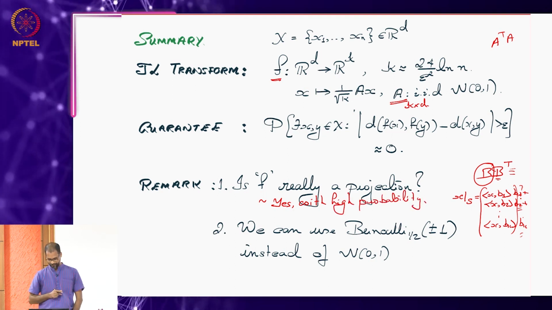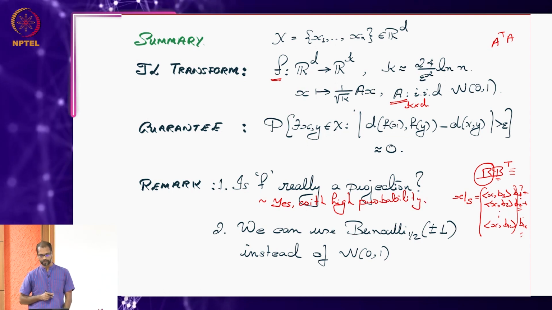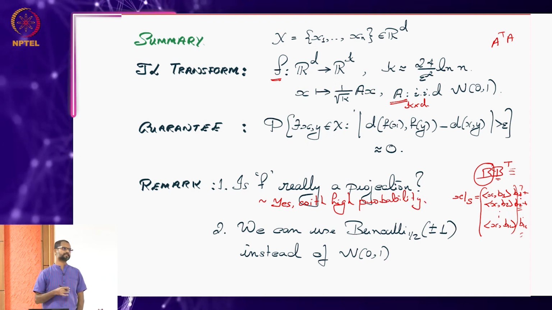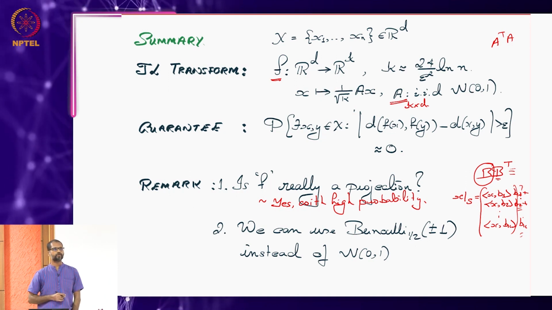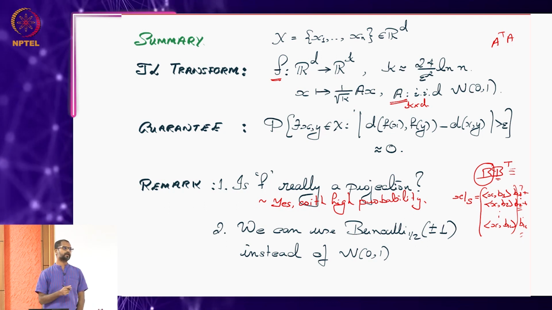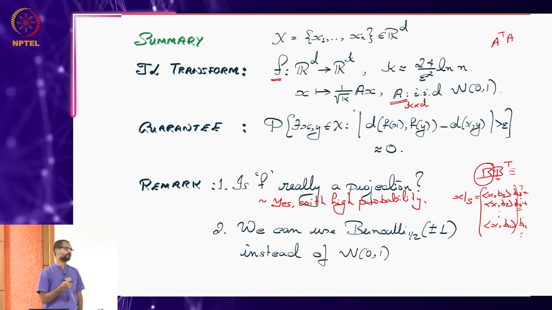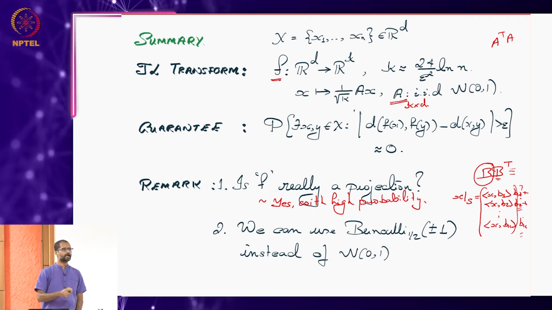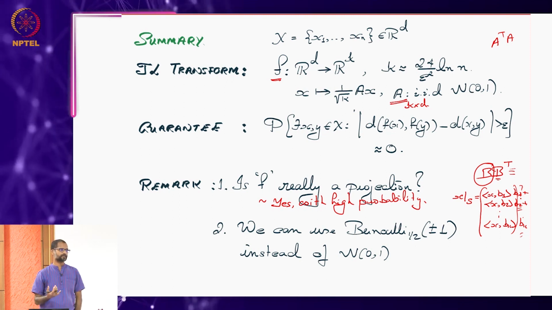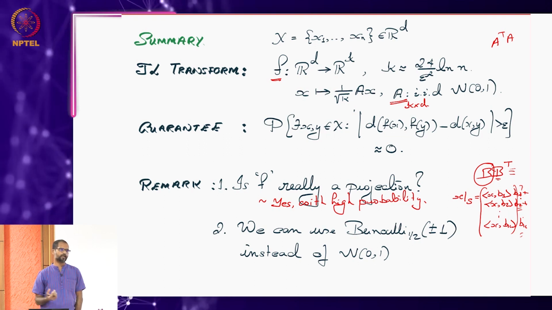The second remark I wanted to make is that we constructed the matrix using standard Gaussians, but you can just use Bernoulli plus 1 minus 1. Each entry of the matrix could be plus 1 or minus 1 with probability half each, and independence is needed. This makes computation much faster because you do not have to do any multiplication.